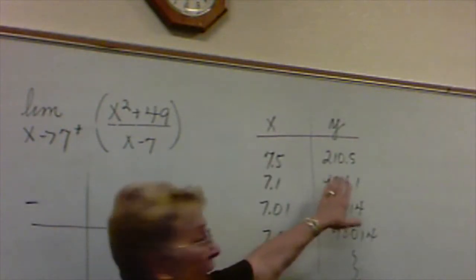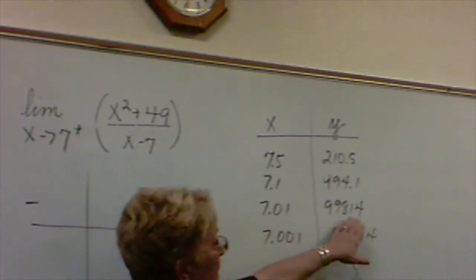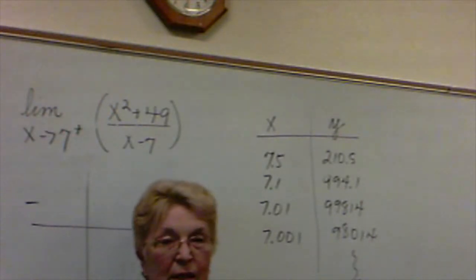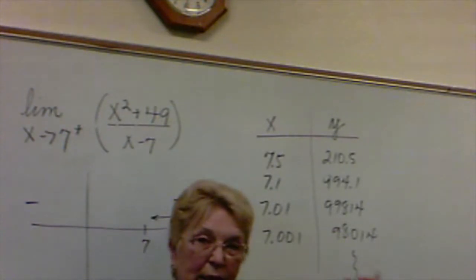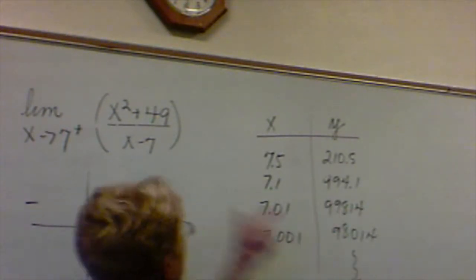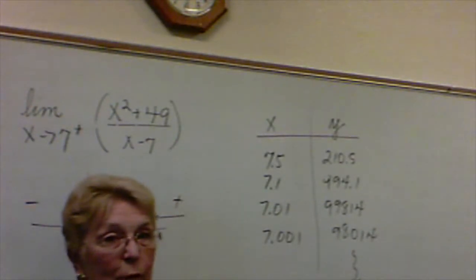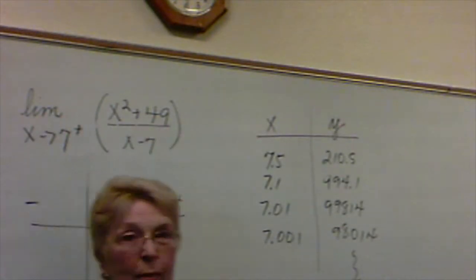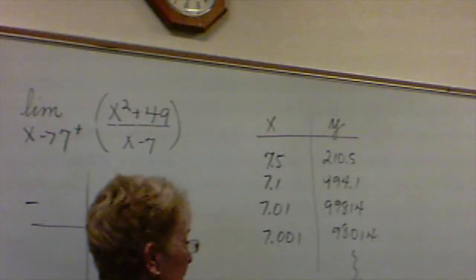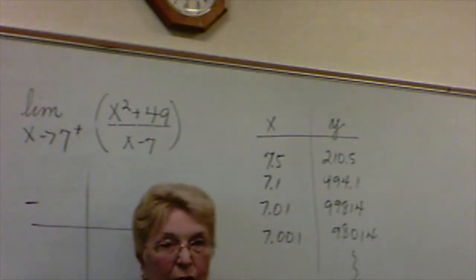Notice what's happening to the output: 210, 994, 9,000, 98,000, and if we kept going, 7.00001 as input, we would see that really what's happening is this denominator is getting close to 0, not equaling 0, but getting close. So that when we divide this expression by a teeny tiny little number, we're going to get a very large number. In fact, the answer is indicated positive infinity, meaning a very large number.